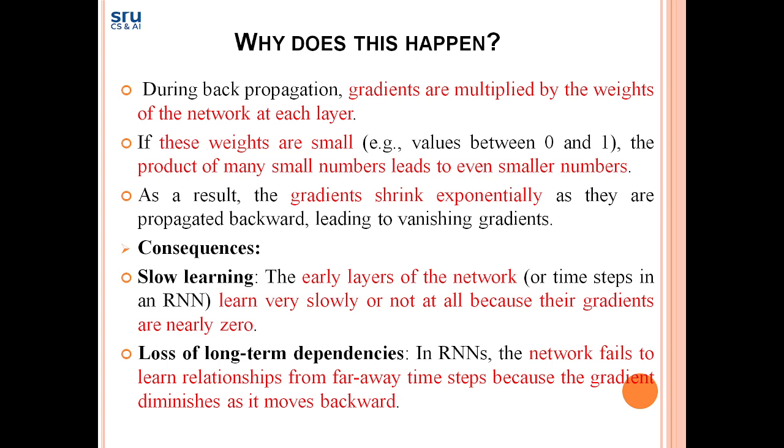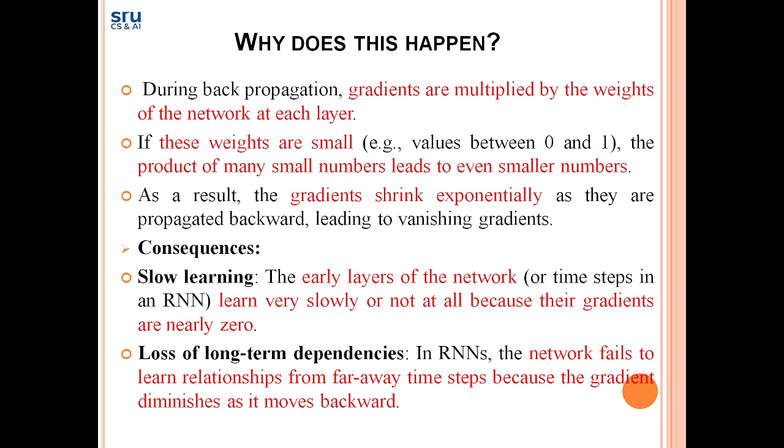Because during backpropagation, the gradients are multiplied by the weights of the network at each layer. If these weights are small, for example values between 0 and 1, the product of many small numbers leads to even smaller numbers. As a result, gradients shrink exponentially as they are propagated back, leading to vanishing gradient.